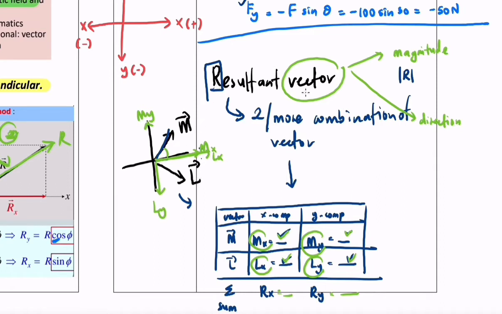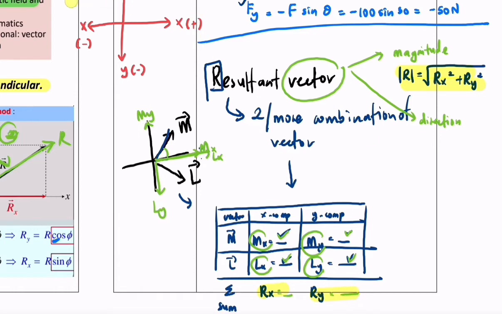So we want to find the magnitude of the resultant vector, so we just name it R. So R is equal to the square root of Rx squared plus Ry squared. Where do we get Rx and Ry from? From here. This is our Rx and this is our Ry.